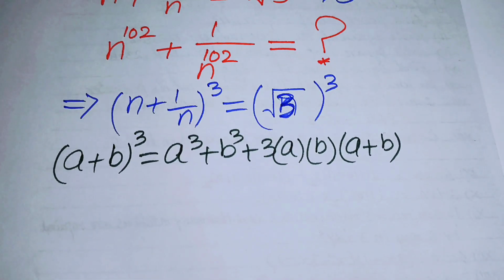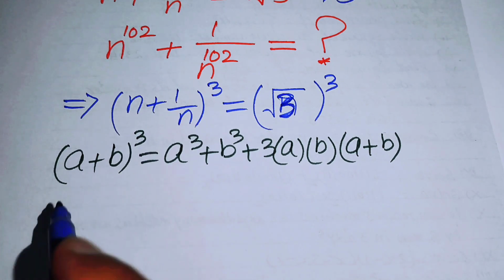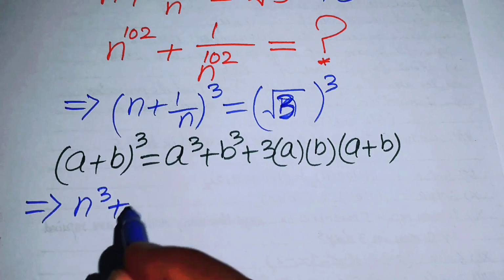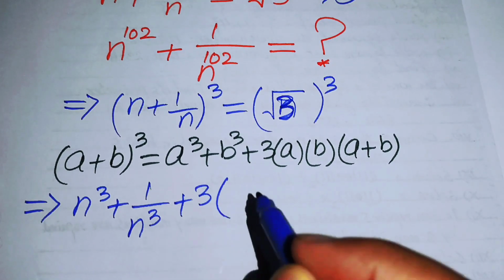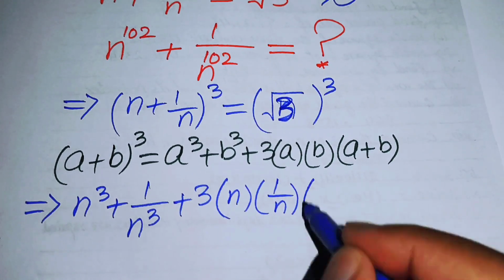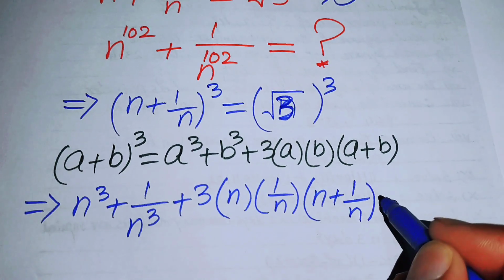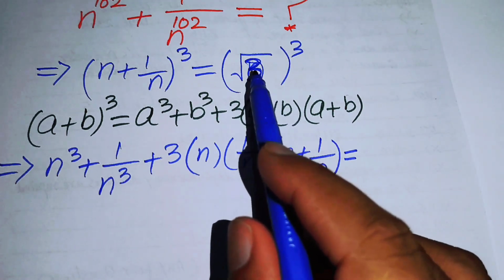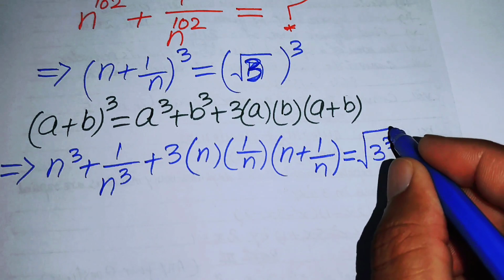After applying this formula, the left hand side becomes n cubed plus 1 over n cubed plus 3 times n into 1 over n into n plus 1 over n, and this whole is equal to, here we write this as 3 to the power of 3 and its whole square root.